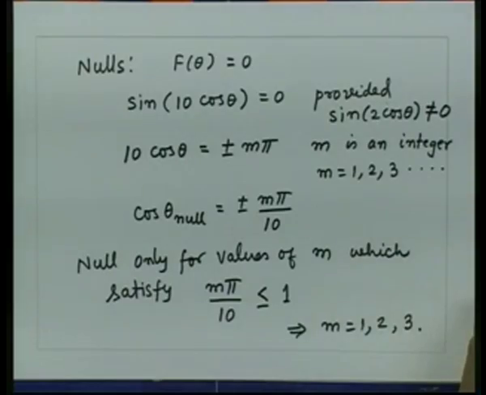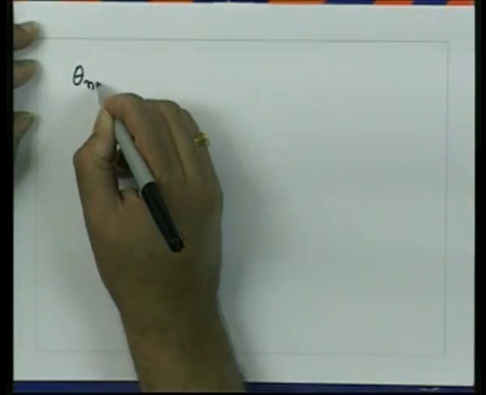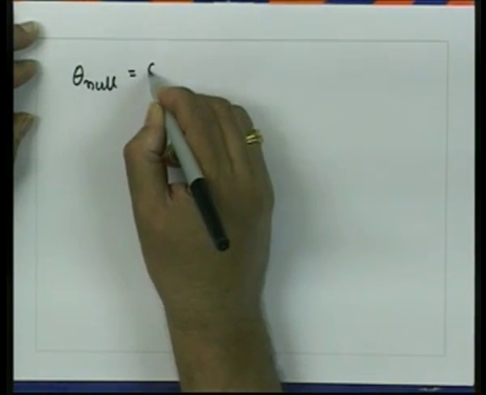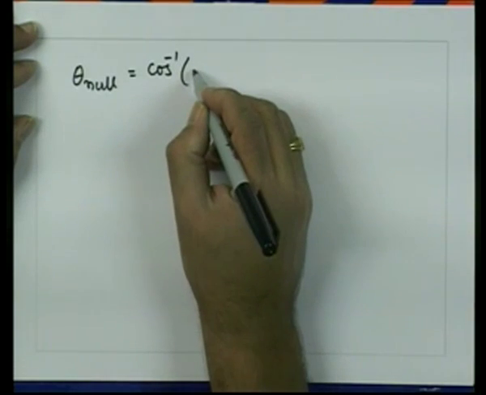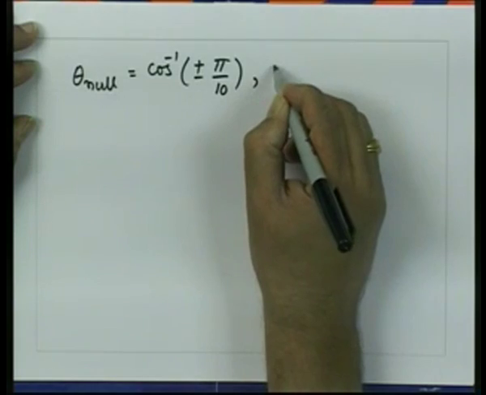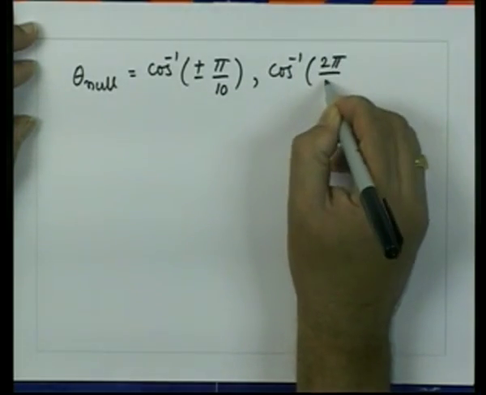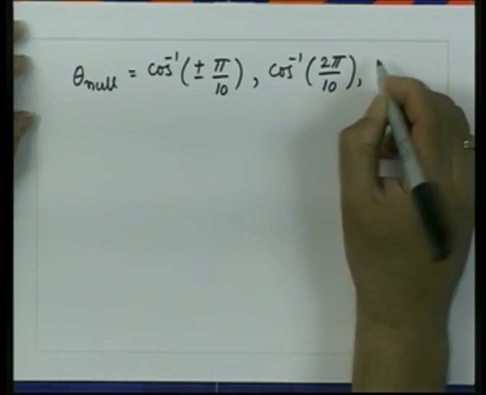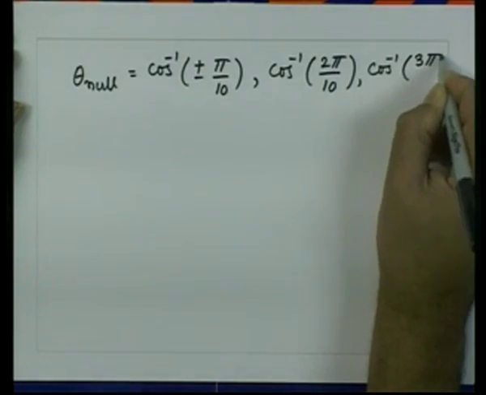So, substituting now this value for m equal to 1, 2, 3, we get the nulls that would correspond to theta nulls, that will be cos inverse of plus minus pi upon 10, cos inverse 2 pi upon 10 and cos inverse 3 pi upon 10.